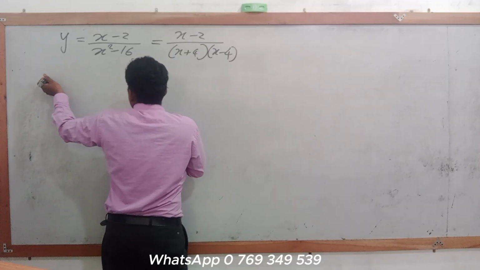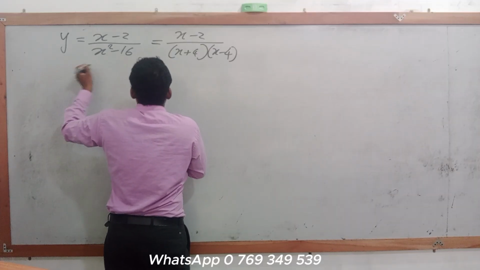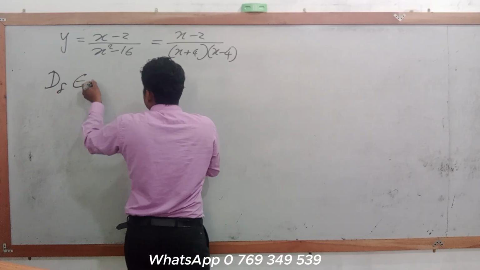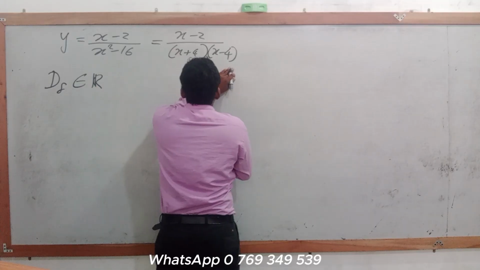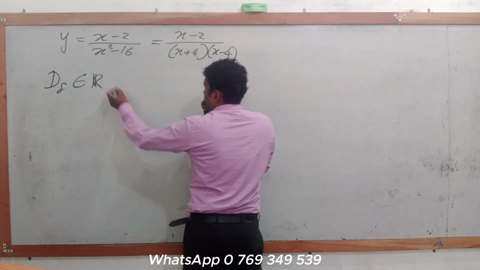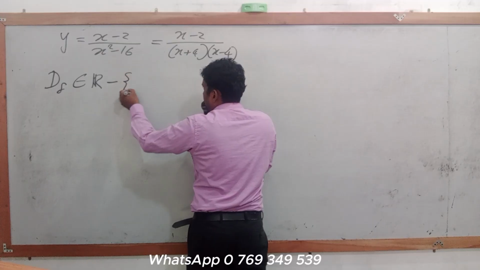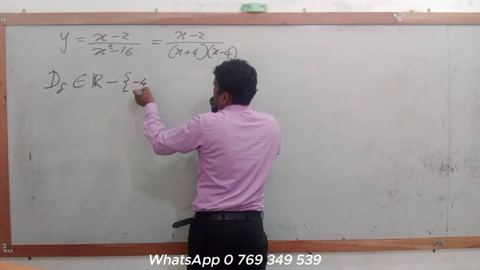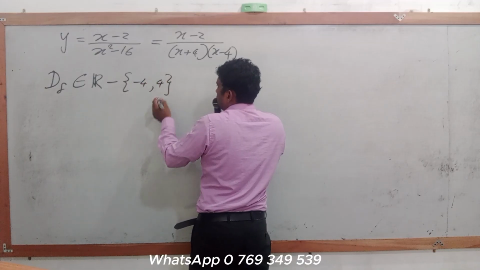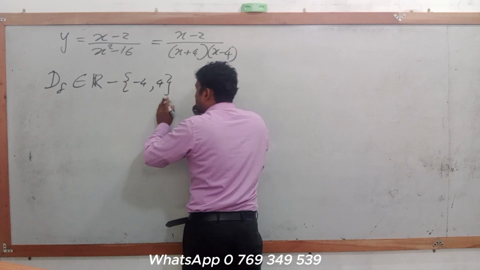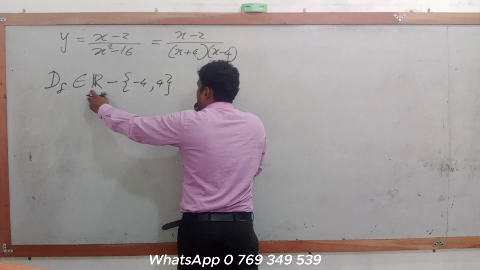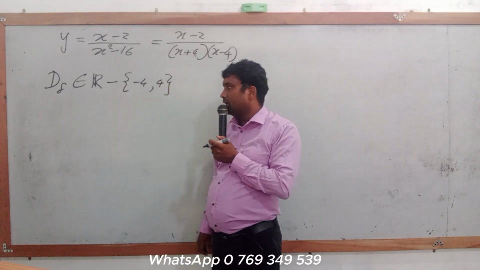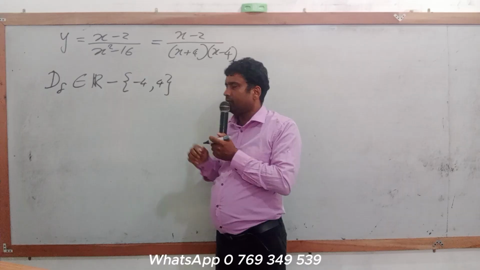Then we can take the Df. Df belongs to R except these two, R minus curly bracket. The curly bracket is a set of values, minus 4, 4. This is not a round bracket or square bracket, this is the curly bracket. All values are allowed except these two.